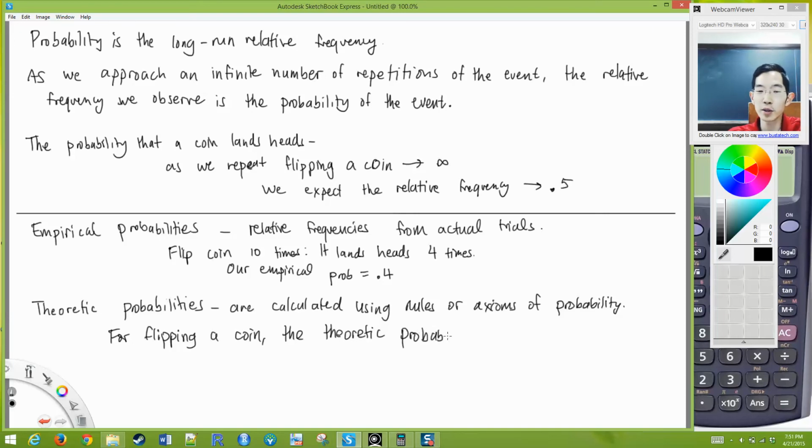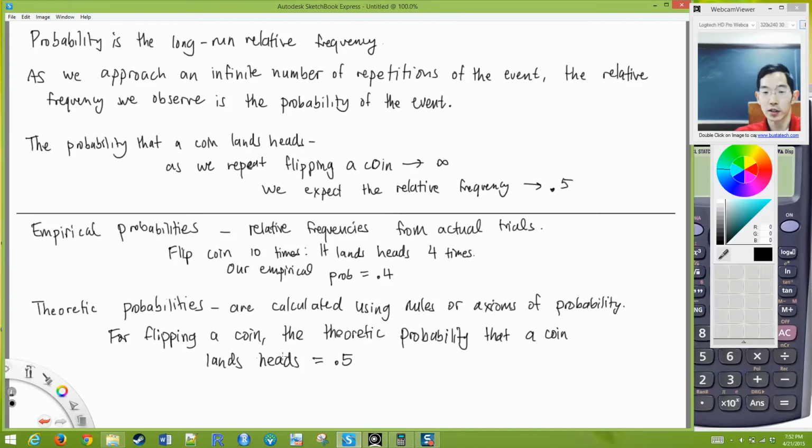The theoretic probability that a coin lands heads is equal to 0.5, and that's based on the rule or assumption that each side of the coin is equally likely, okay? And so that's how we arrive at this theoretic probability.